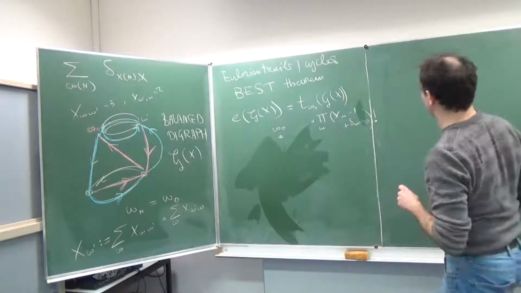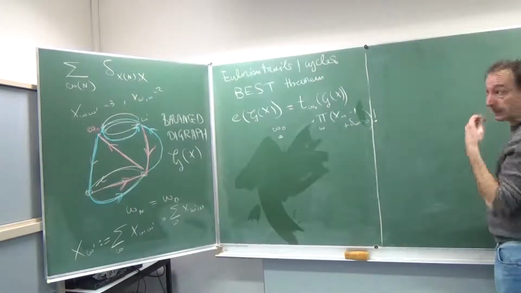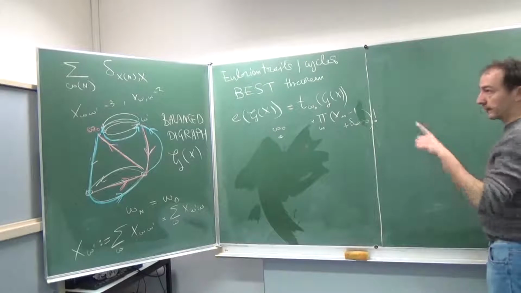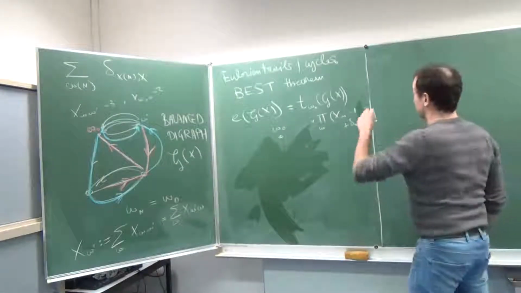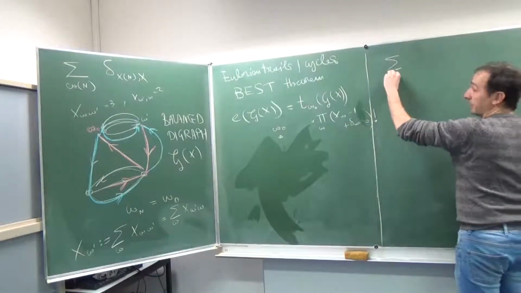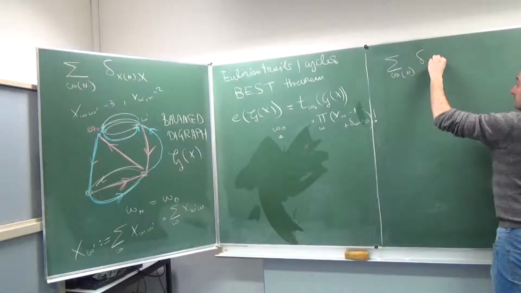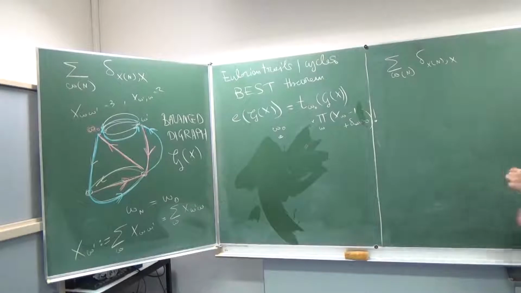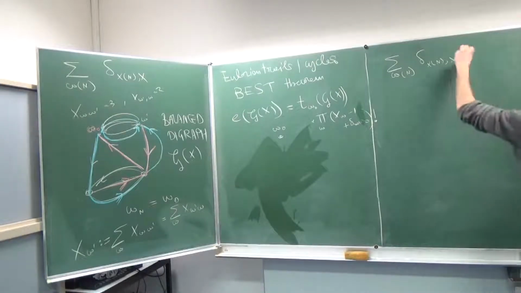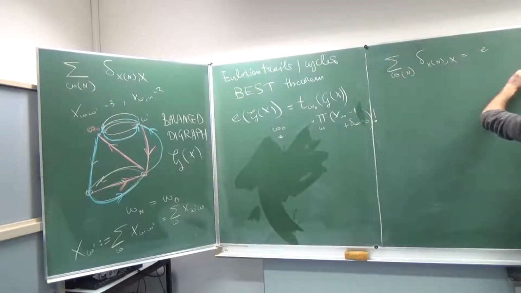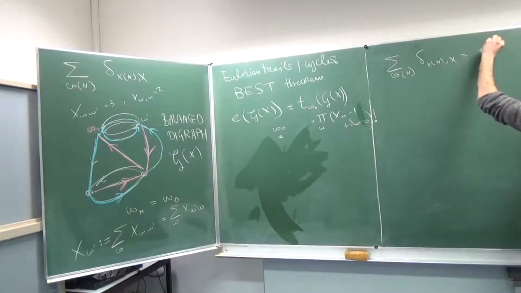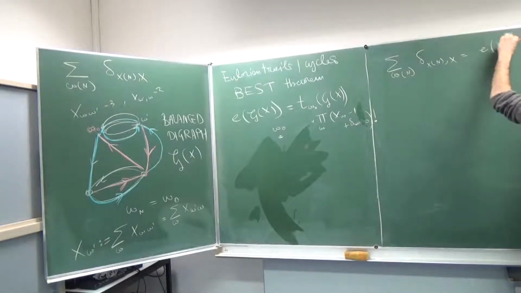We have a little thing to be taken care of, because our sum over omega, we have said, is equal to the Eulerian trails g of x.